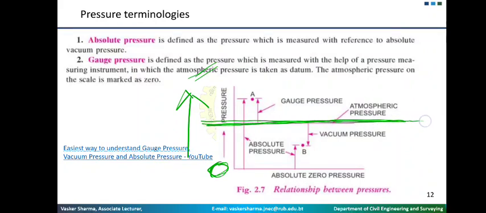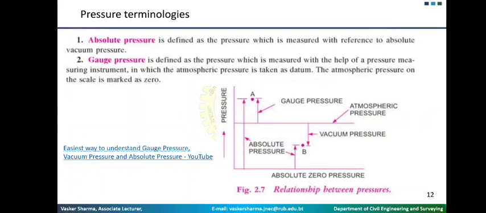We do not feel that atmospheric weight on us because our blood pressure is quite higher than atmospheric, so that's why we don't feel it. For our convenience, we take this atmospheric pressure as zero.